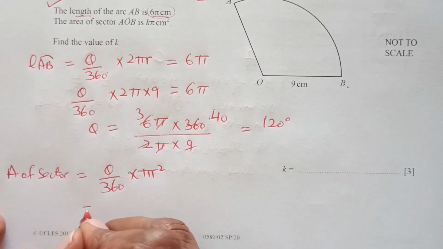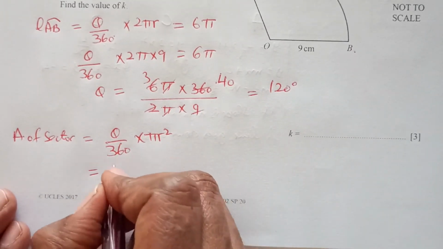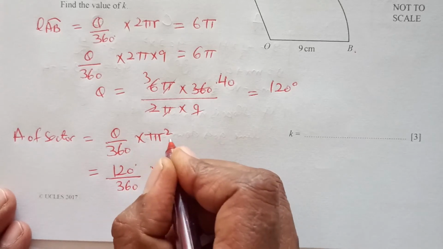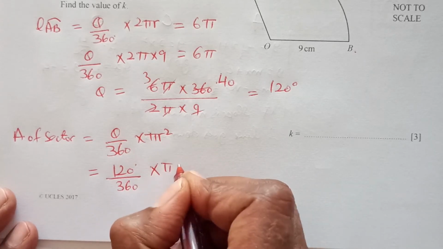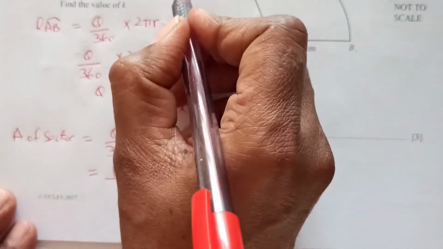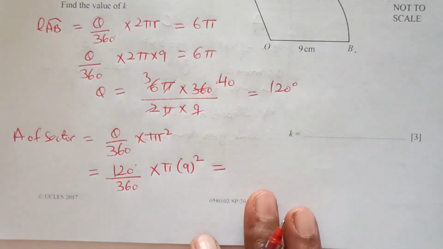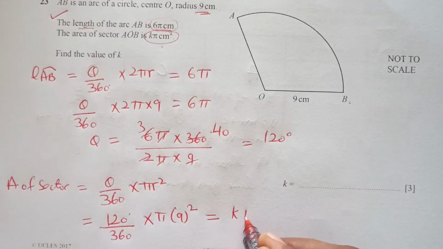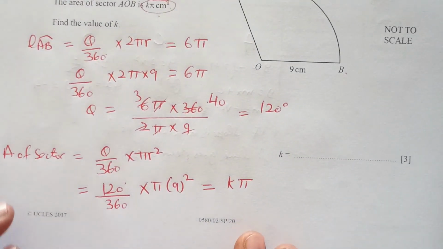So we have now theta, which is 120 degrees over 360 times pi times 9 squared, and this area is given to us as k pi. So now we need the value of k.